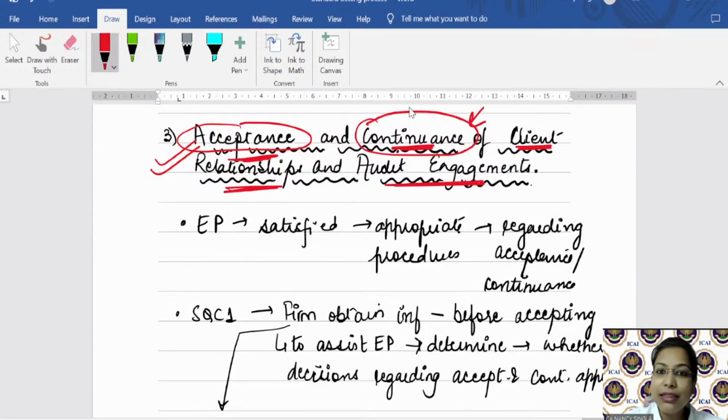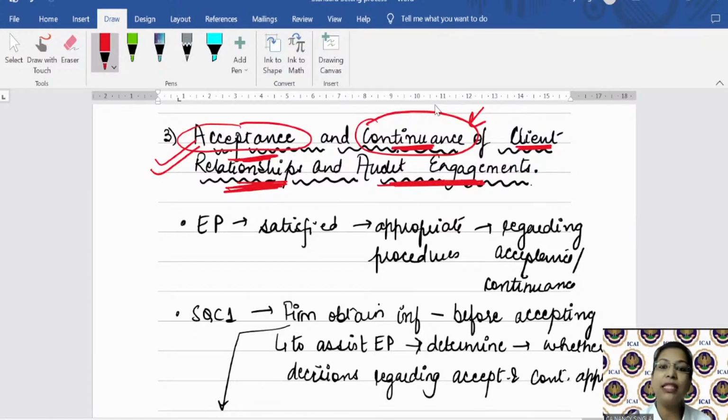So acceptance and continuance of client relationship: whether the audit firm's relationship with the client needs to be accepted in case of first audit and continued in case you were the auditor last year also, and the audit engagements, ठीक है। Now see, quality of the engagement, the work, it depends upon various factors, which is covered in this topic.